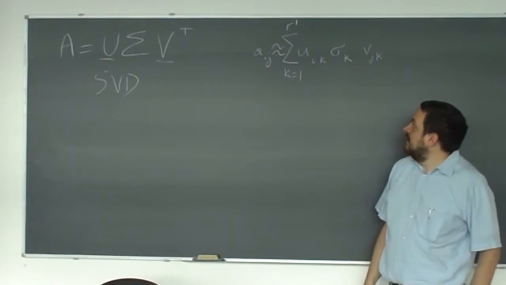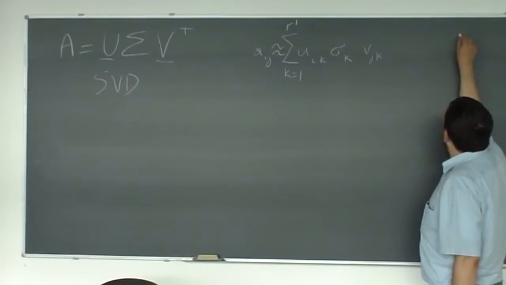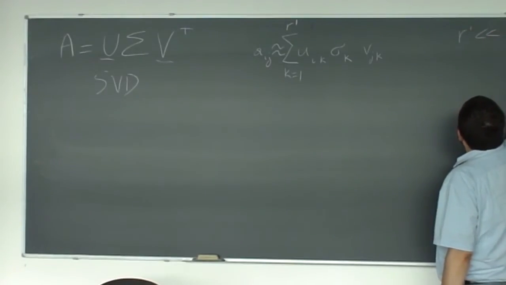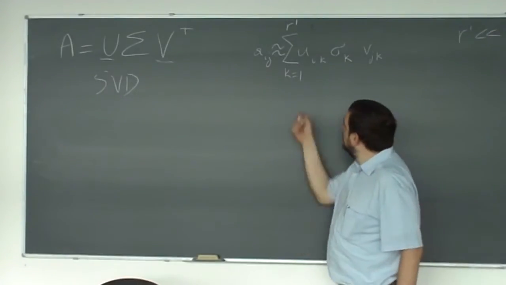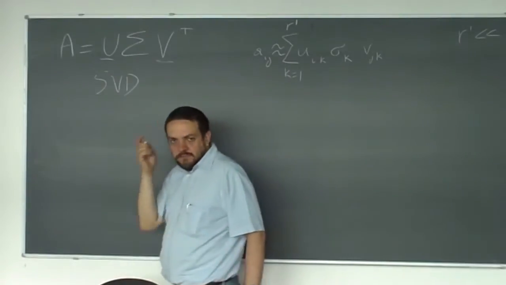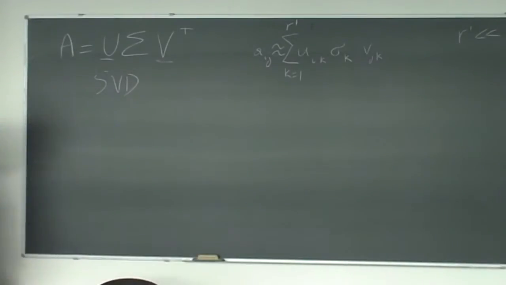So only taking r prime, where r prime can be even much smaller than r. Okay.